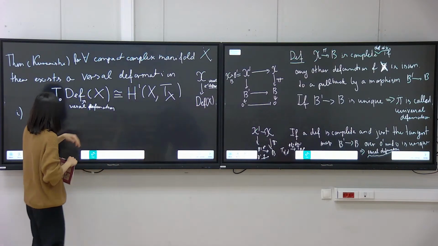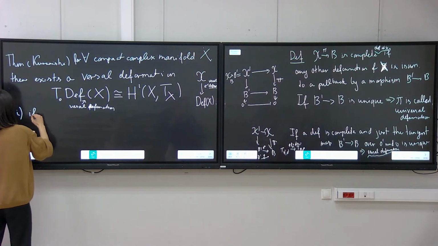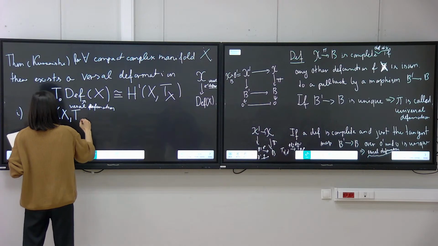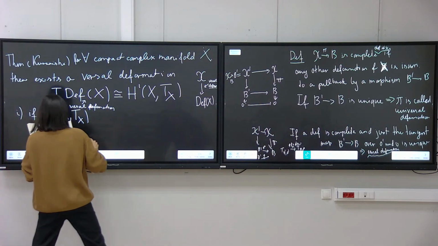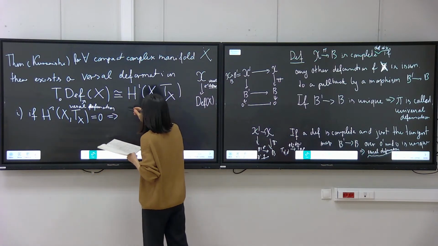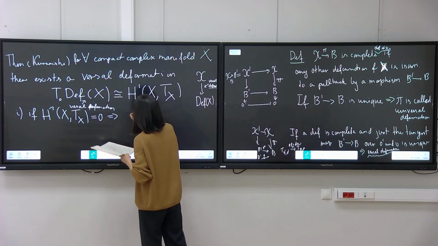Okay, and moreover, if the second cohomology of the tangent bundle of x vanishes, then there exists a smooth versal deformation.